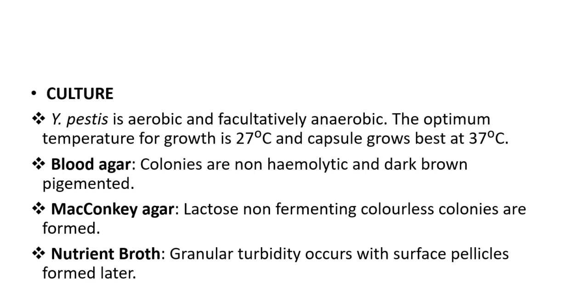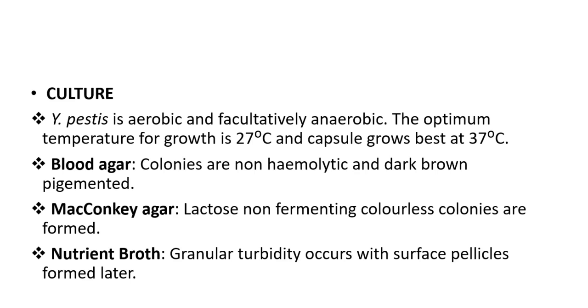Next is the culture. On blood agar, the media contains hemin, which will produce brown pigmentation. It is a facultative anaerobe which grows best at 37 degrees. On MacConkey agar, it is a non-lactose fermenter.